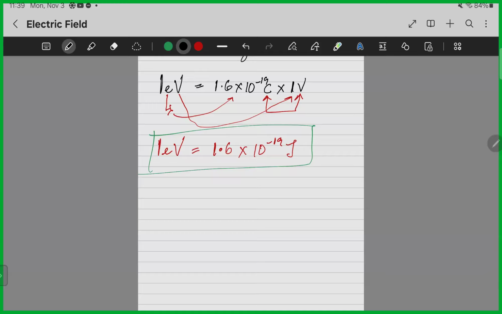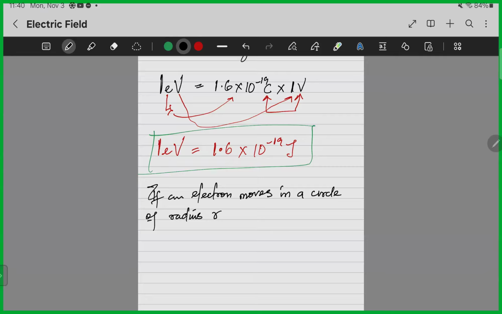Hold on, give me just a minute. So let me point this scenario to you. If an electron moves in a circle of radius r.